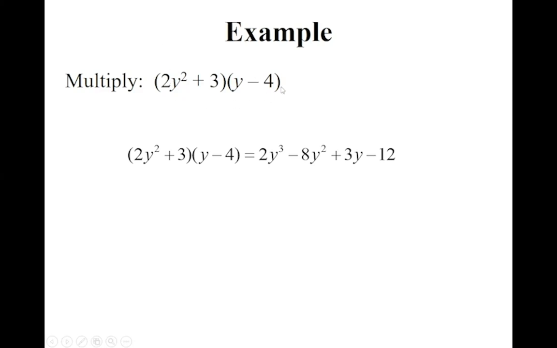Outer, 2y squared times negative 4 is negative 8y squared. Inner, positive 3 times y is positive 3y. And last, positive 3 times negative 4 is negative 12. We have no like terms to combine, so this is our final answer.